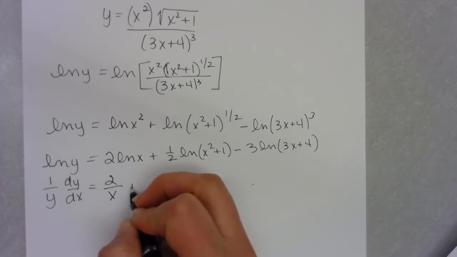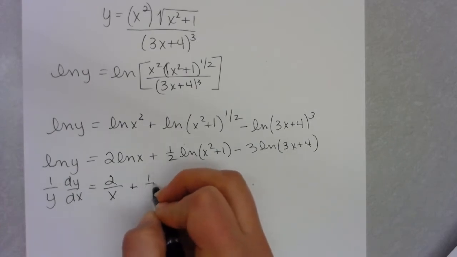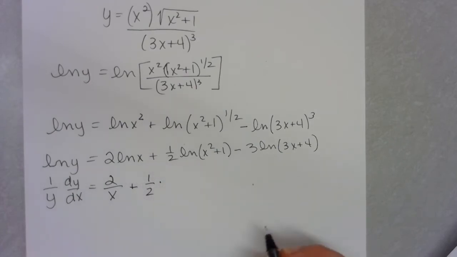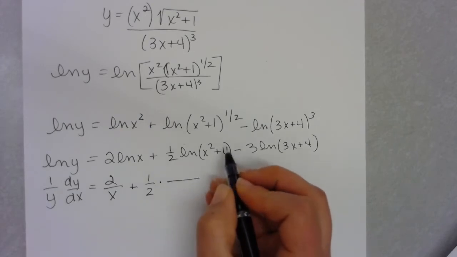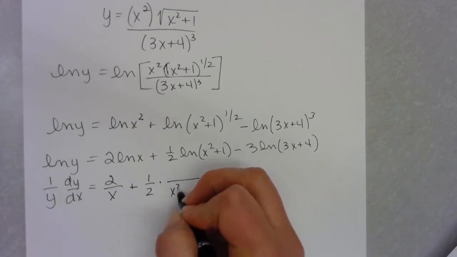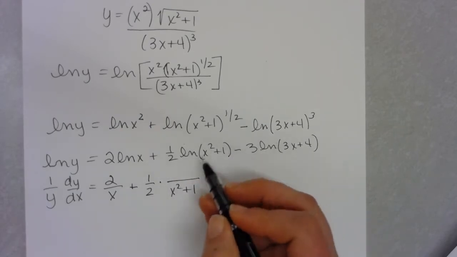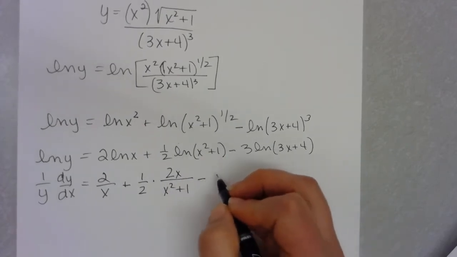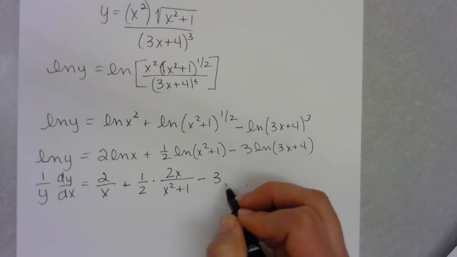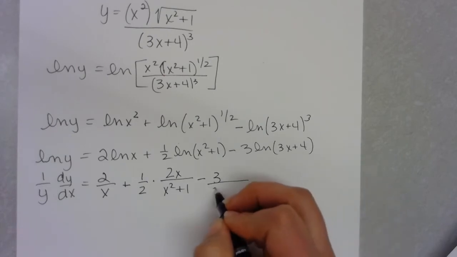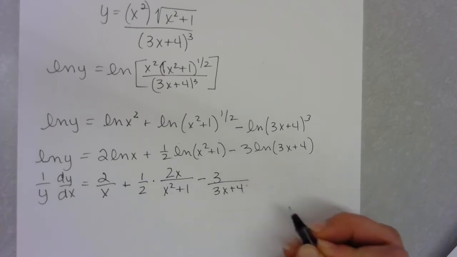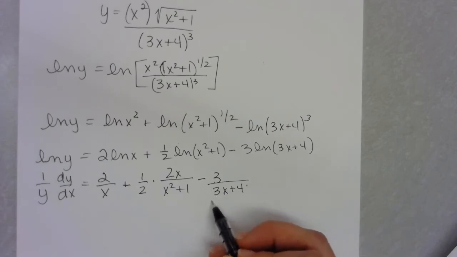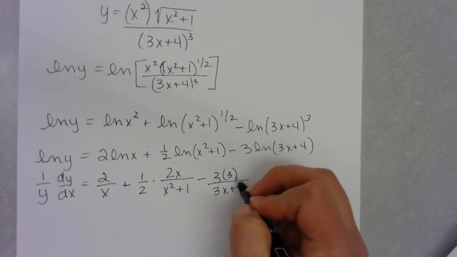Then this is going to be plus, I'm just going to put the half out front here, times 1 over this, x squared plus 1, times the derivative of this, the 2x goes on top. Then I have minus 3, and then 3x plus 4 will go on the bottom, and then I have to multiply by the derivative of the inside here, which is 3.